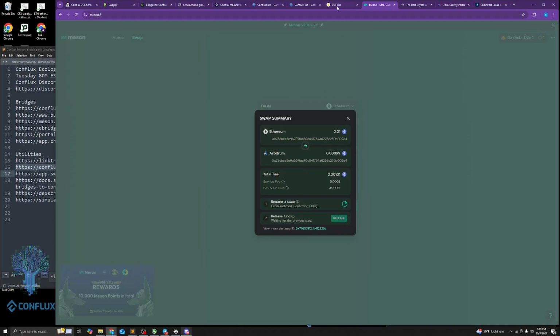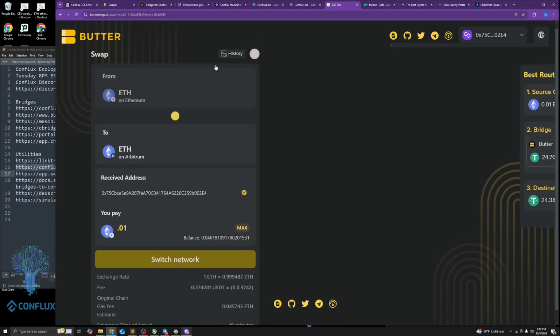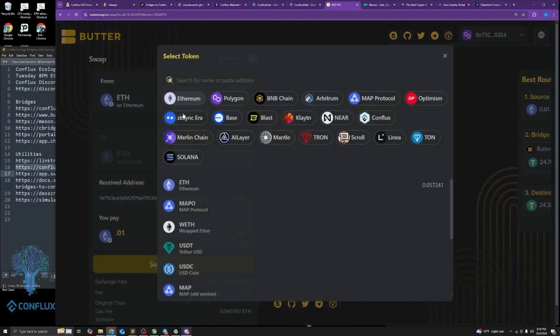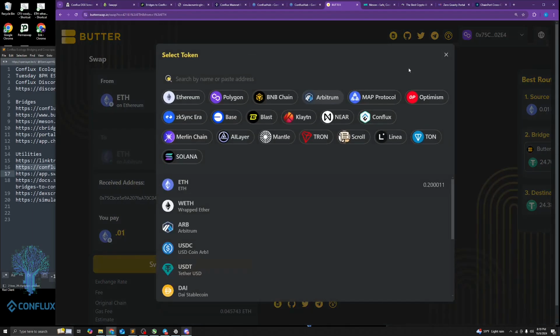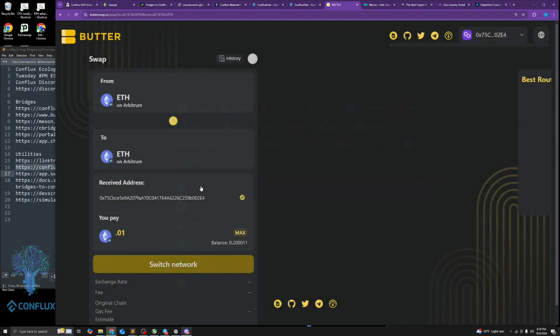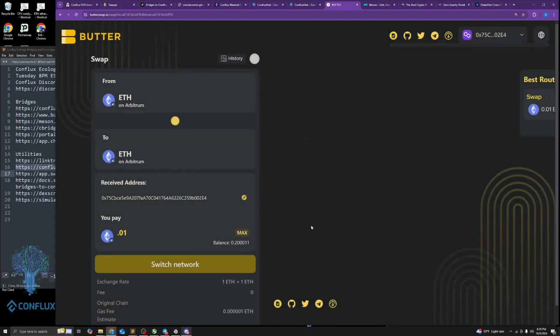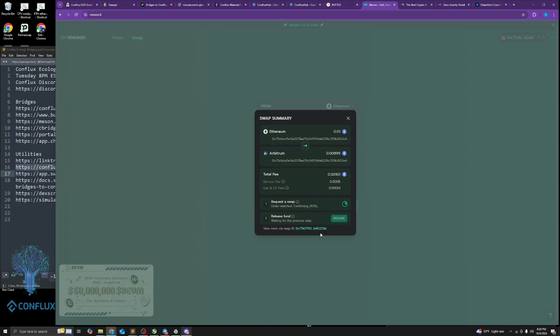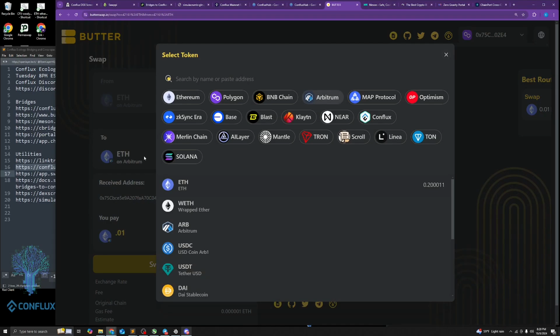Is because I ultimately want to use Butterswap. What we're going to do on Butterswap is go from Arbitrum, that ETH we just bridged, or will have bridged in some time, and we don't have any CFX on eSpace. That doesn't matter because we're going to do a cross-chain swap.